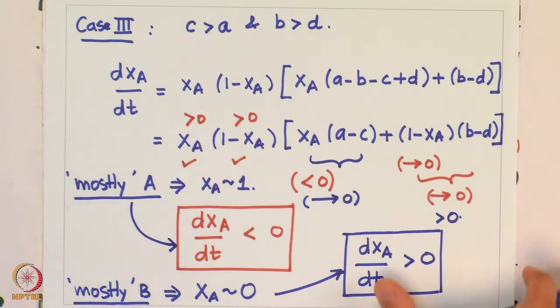What does that mean? Let us try to sketch this graphically. The result that we have derived says that when the system is in a state where it is mostly A's and very few B's, dx A by dt is less than 0, hence as t increases x A decreases.